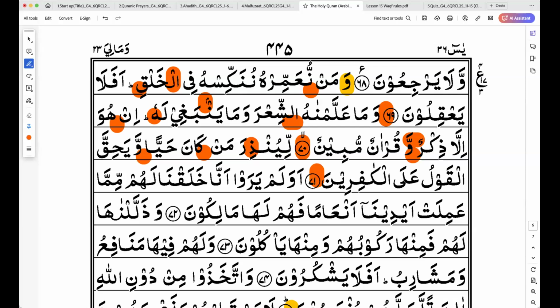And here, same Ikhfa rule, so make sure you conceal the nasal sound for 2 seconds there as well. And here there will be Idgham, just like this, a 2 second partial Idgham of tanween.